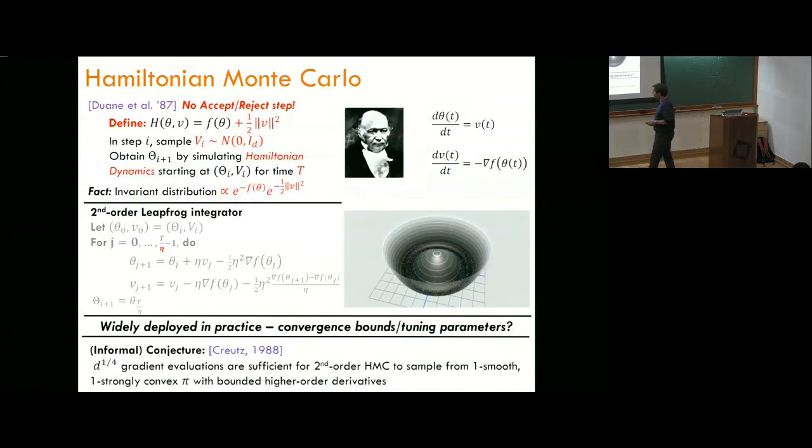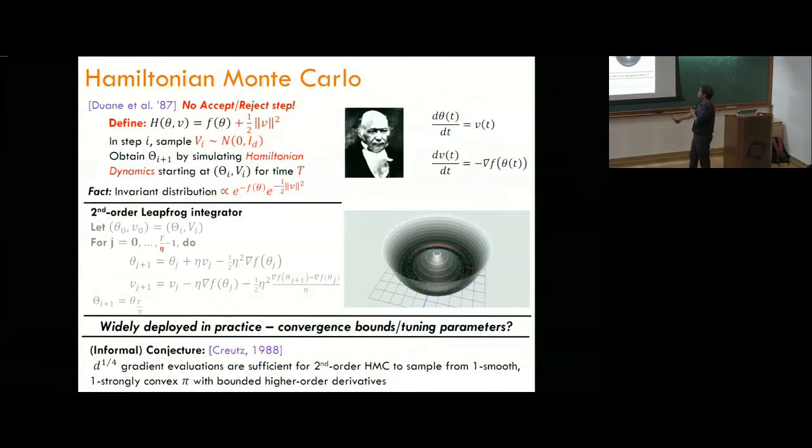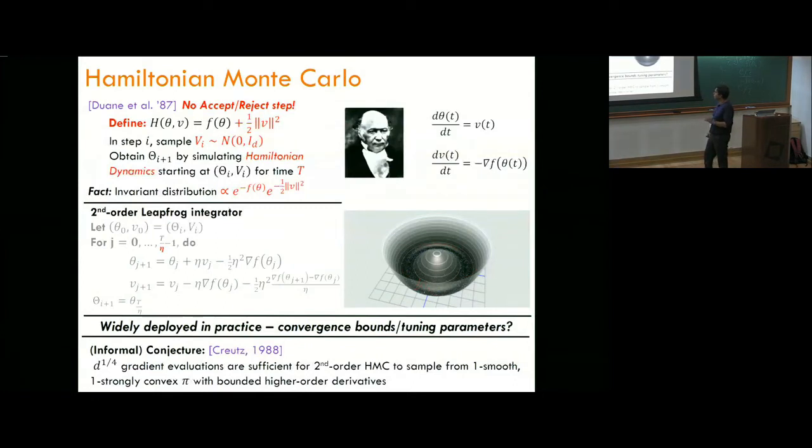So there's an informal conjecture, which basically says that if the Hessian of this function is smooth enough, if the Hessian of this function is not changing, then this leapfrog integrator requires only d to the 1/4 gradient calls to sample. When I say one smooth, one strongly, maybe some typo here. So this should be order 1.